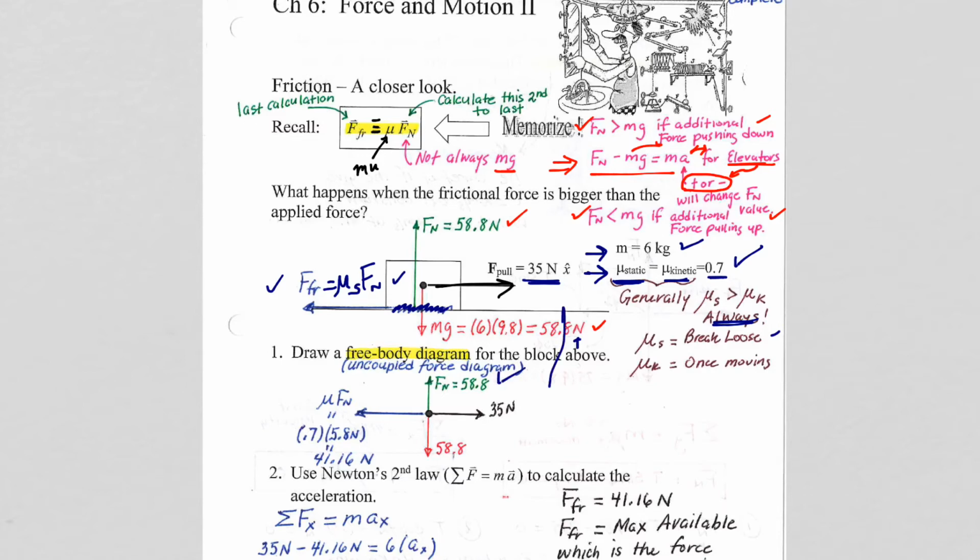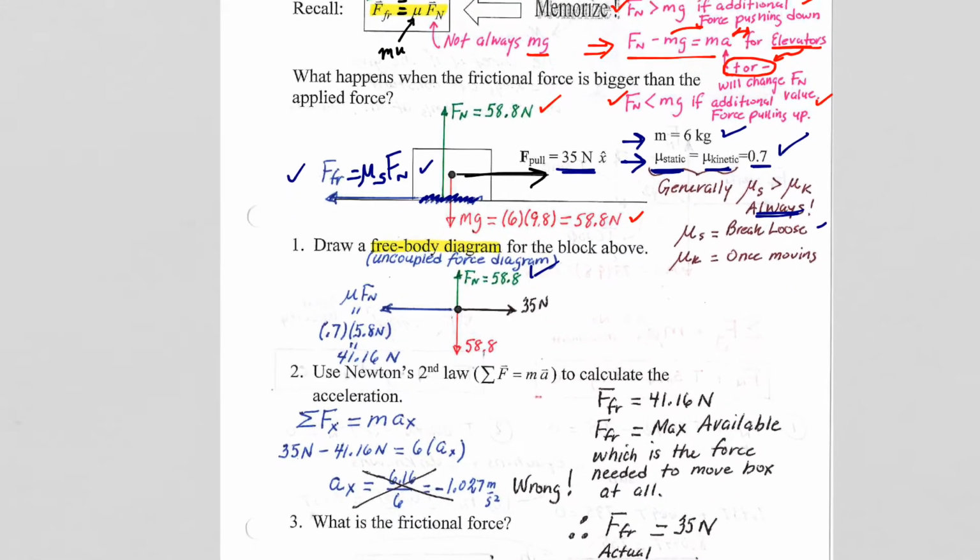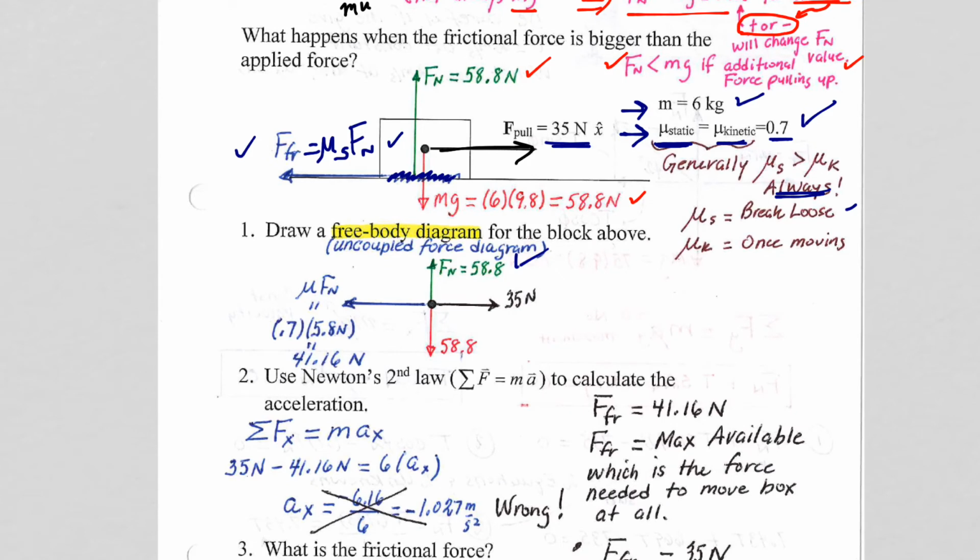When we do the coefficient of friction times the force normal, we get 41.16 newtons. So we have a static frictional force of 41.16, and we are pushing with 35 newtons.